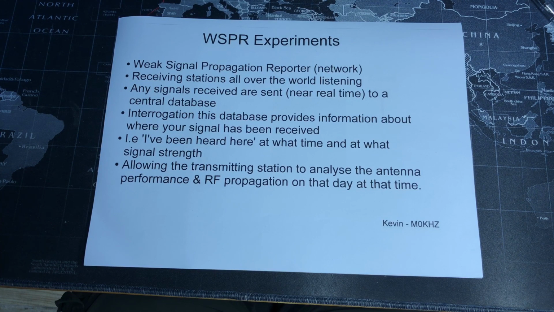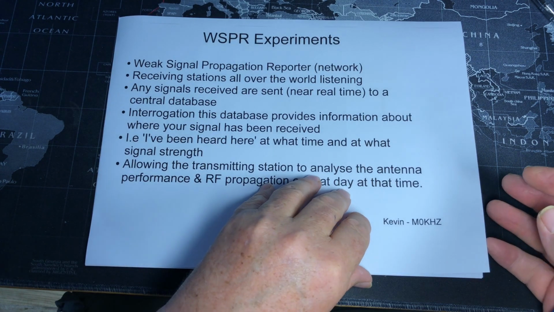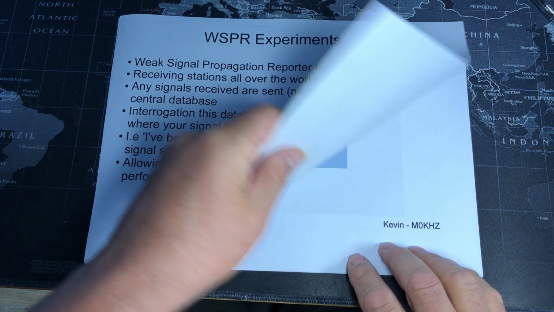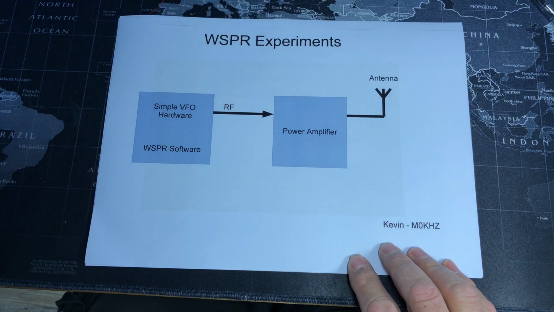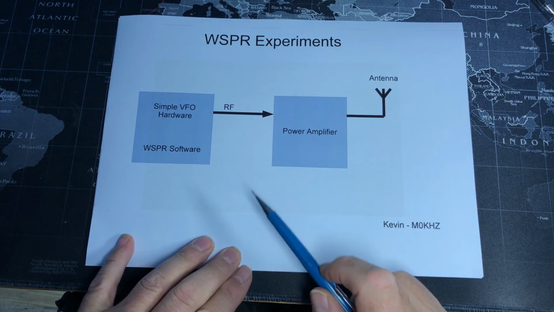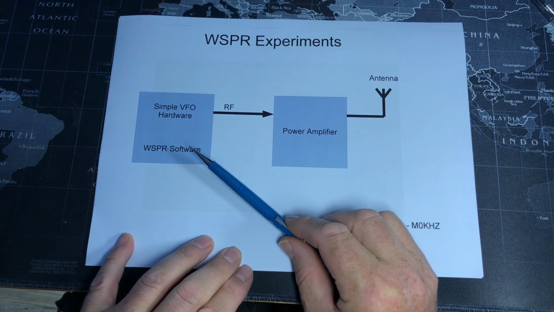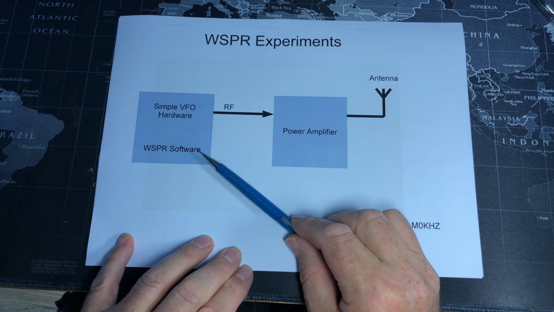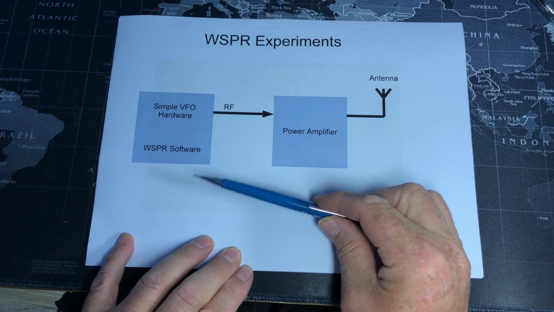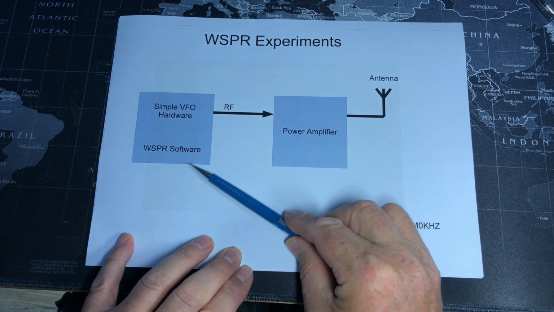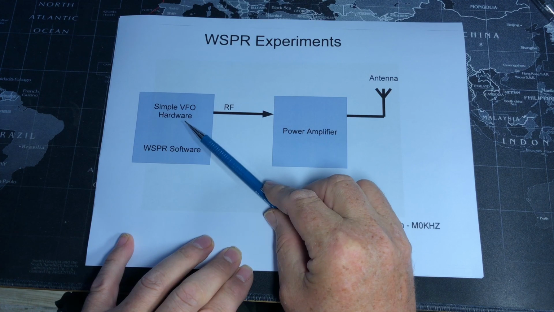I won't go into any more details, but suffice to say, with a very basic system, which is the system I'm running at the moment, so I'm using the Simple VFO hardware, which I described in a separate video which I'll link below, and loading different software onto that hardware.